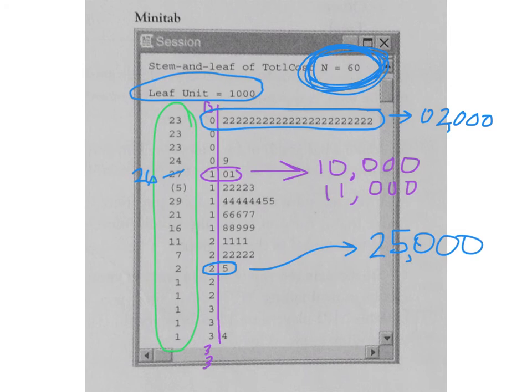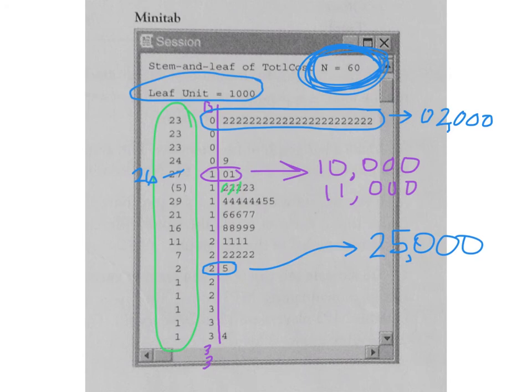So if we continue on after 26, notice the next row has this 5 in parentheses. That tells us that the median falls in here. To find exactly where it is, that's the only place that you need to do any counting. So if we have 26 values so far, this 2 would be 27, 28, 29.